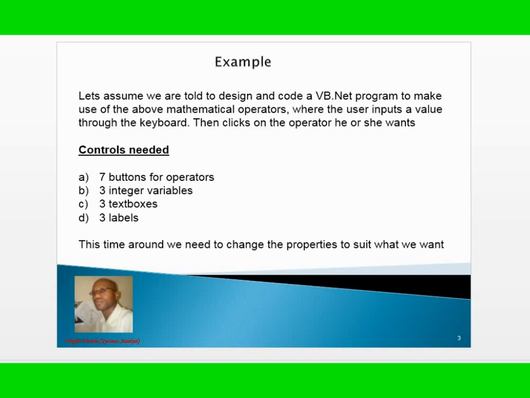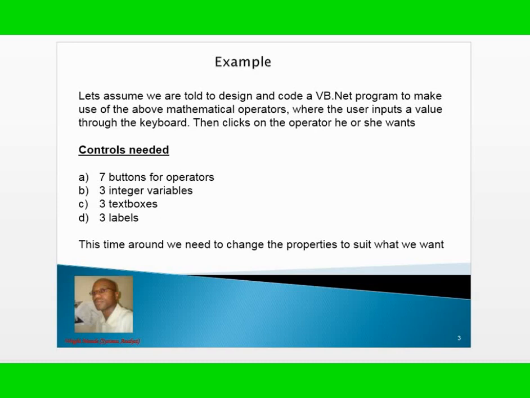Right. Now, just from the question, we know that in the table above we have 7 operators, and we are going to make a button for each operator. We also need 3 integer variables, so we are going to define 3 integer variables.